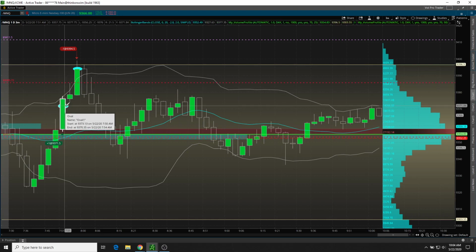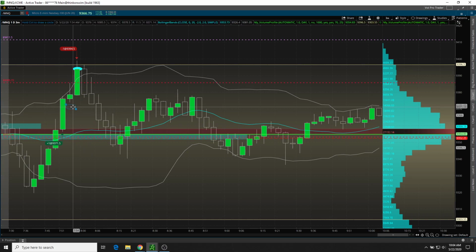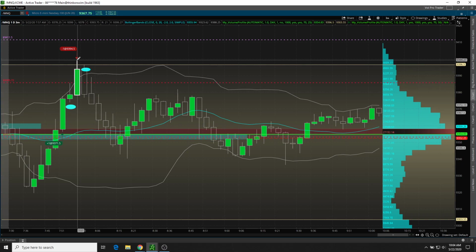So this yellow, I'll activate this. You can see where I got in because Thinkorswim doesn't, and I'll activate the other one and show you where I got out. Thinkorswim just puts these trade labels at the high of the candle and at the low of the candle where you got in and got out.